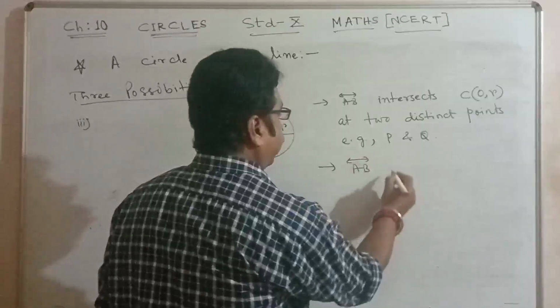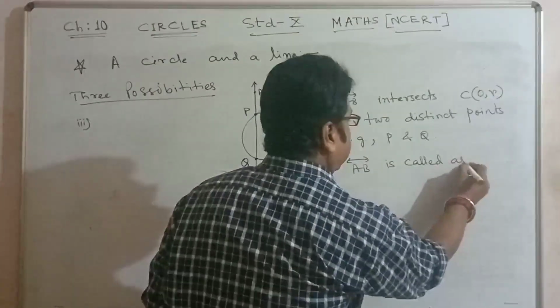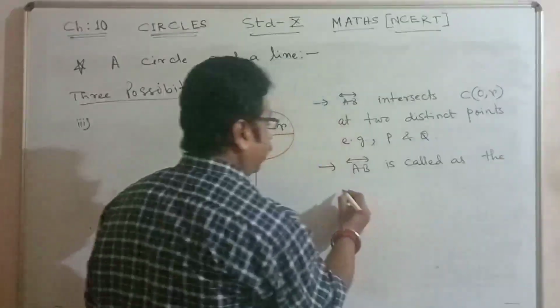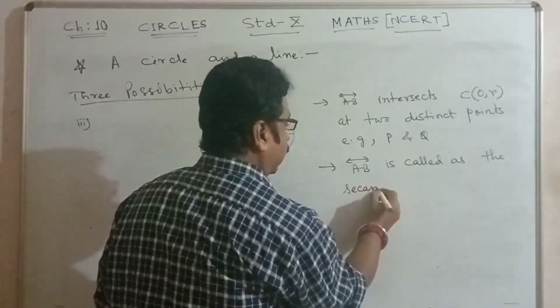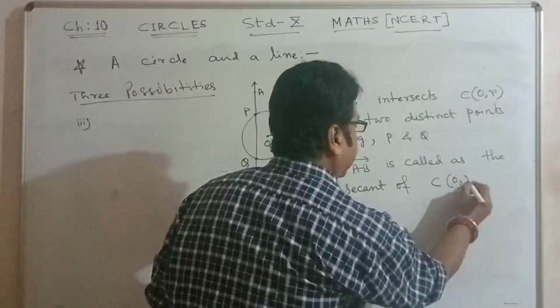AB is called the secant of the circle COR.